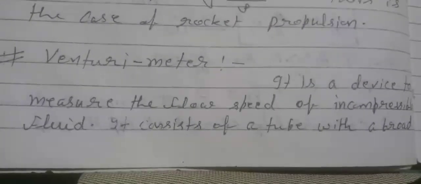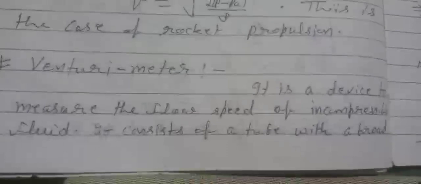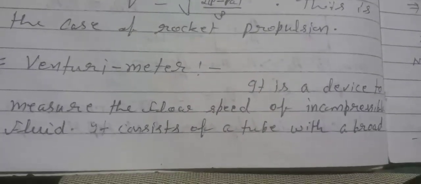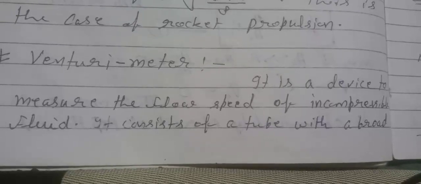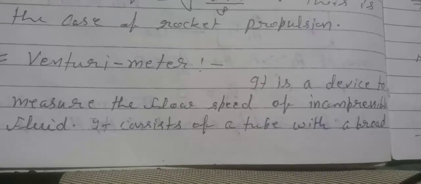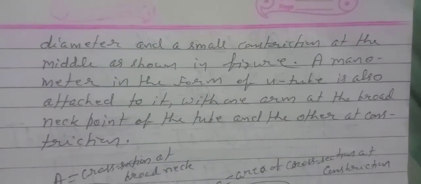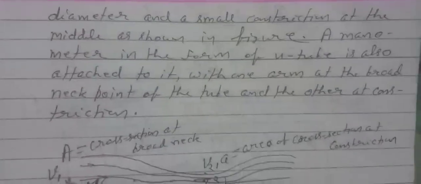Our next topic is the Venturi meter. It is a device to measure the flow speed of incompressible fluid. It consists of a tube with a broad diameter and a small constriction at the middle as shown in the figure.